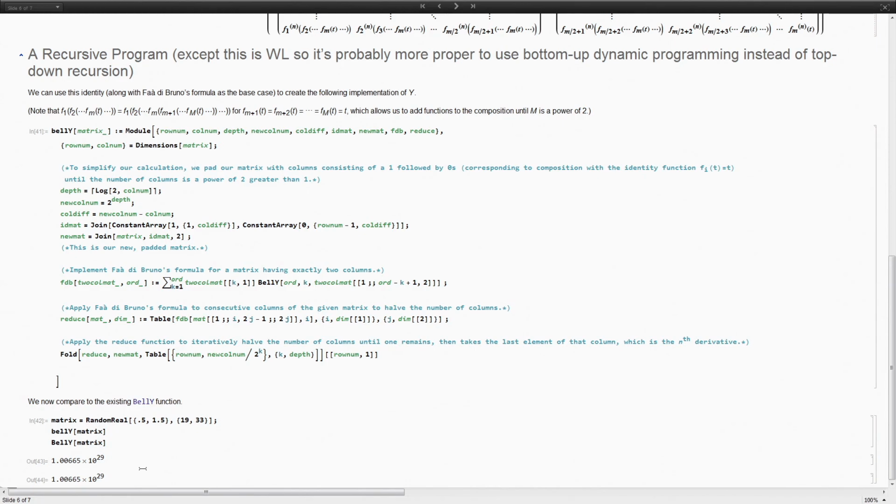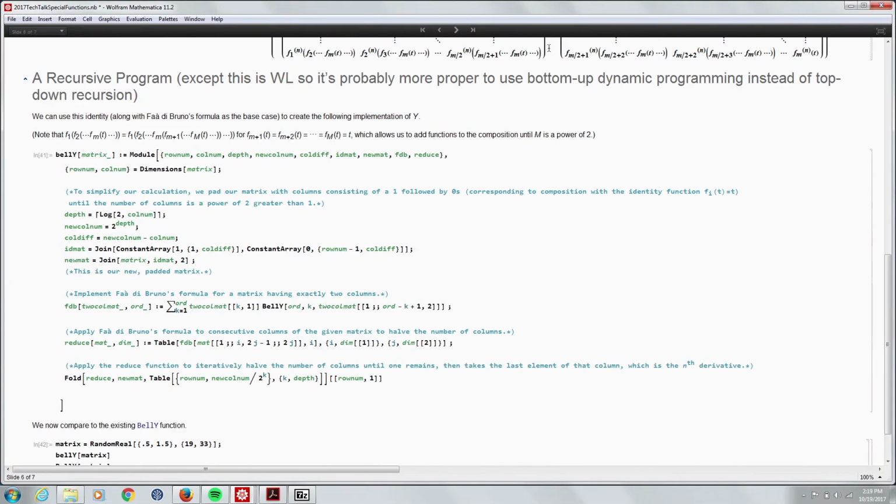Okay, so I think Oleg wanted to talk a little bit more. And I want to add very important notes. You just saw that Bell Y satisfies composition rules.